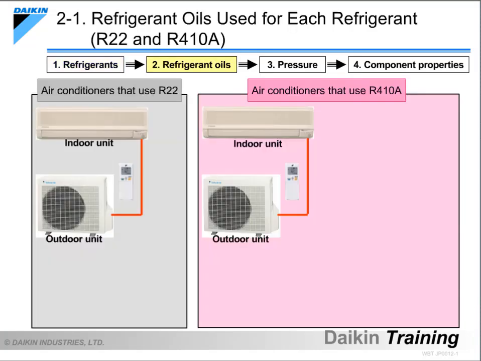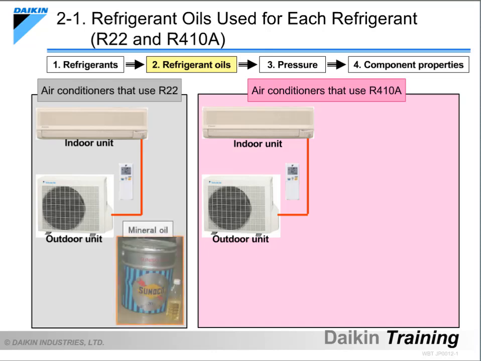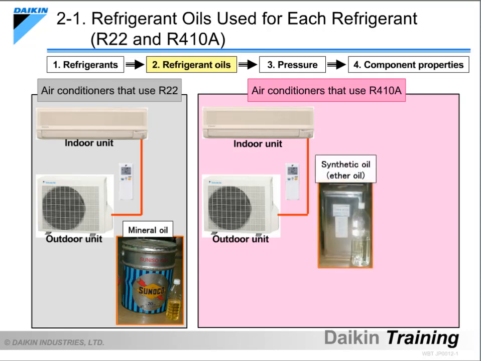Now, take a look at the refrigerant oils used for each refrigerant. Air conditioners use refrigerant oil in order to lubricate the built-in compressor components. The refrigerant oil for R22 is a mineral oil. Meanwhile, the oil used for R410A is chemically synthesized.